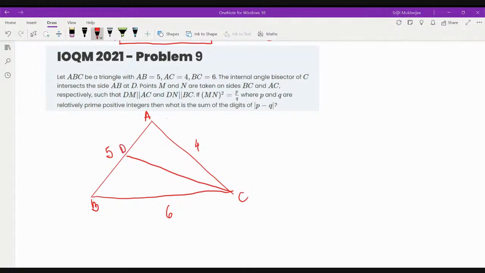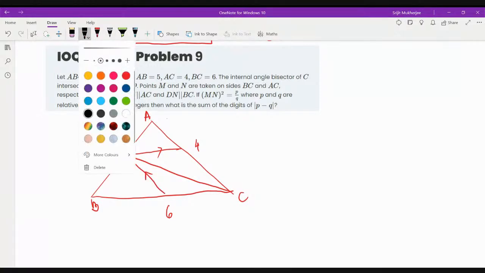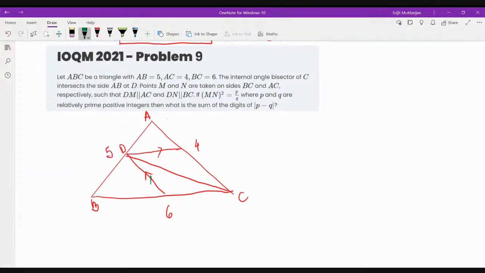And we draw N and M such that this is parallel to this base and this red line is parallel to this.